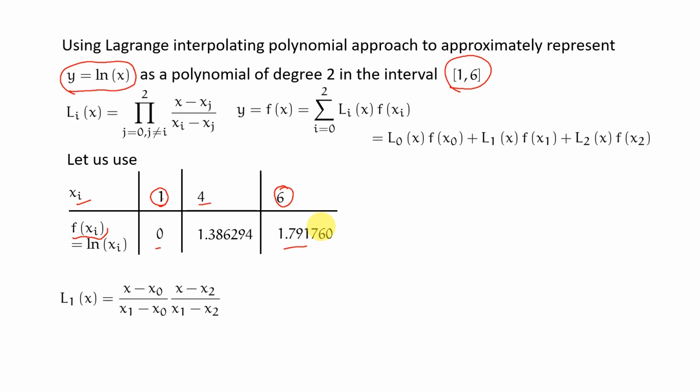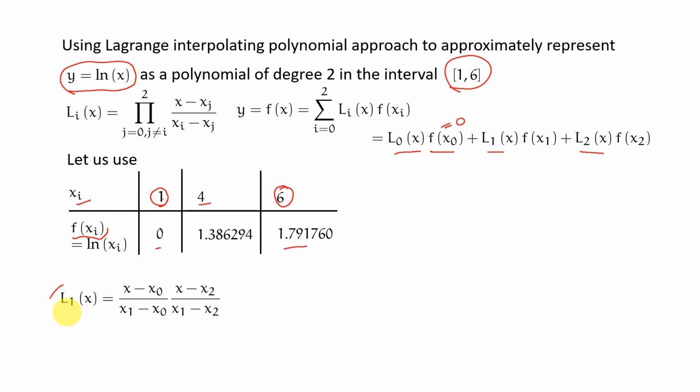So now we need L0(x), L1(x) and L2(x). You see that f(x0) is 0, so essentially L0(x) will have no contribution in y equals f(x). So we don't calculate L0(x); we start from L1(x), which is the product of (x minus xj) over (xi minus xj), but j cannot be i.